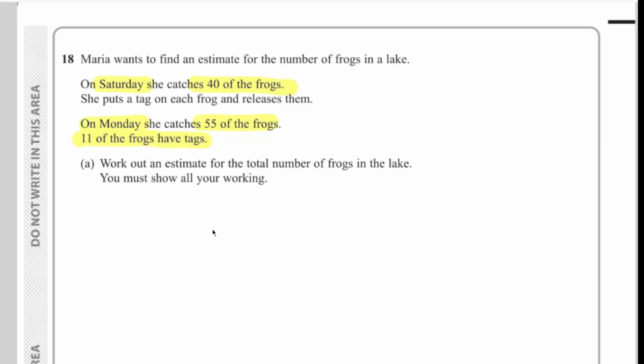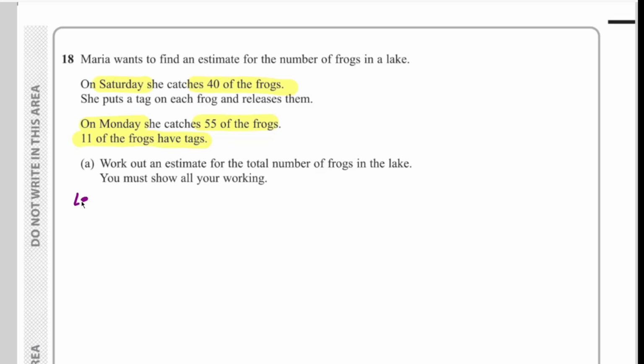So the method is the proportion of tagged frogs in the second catch should be the same as the proportion of tagged frogs in the whole lake. So we need to set up proportion. Let's set up proportion.